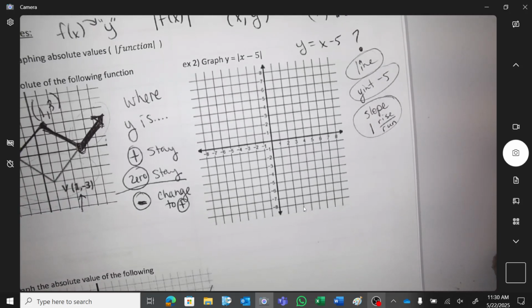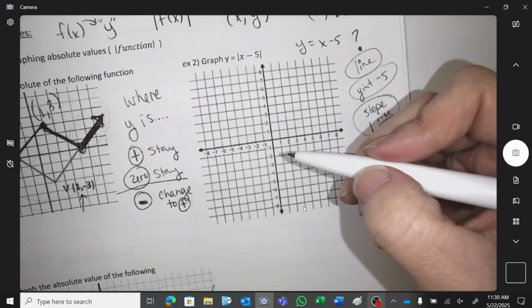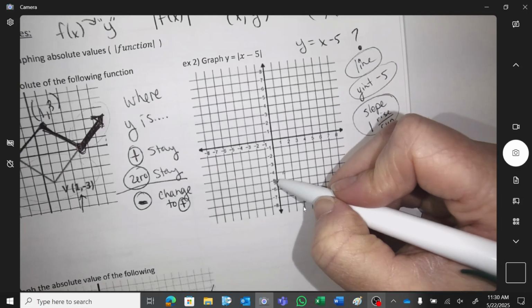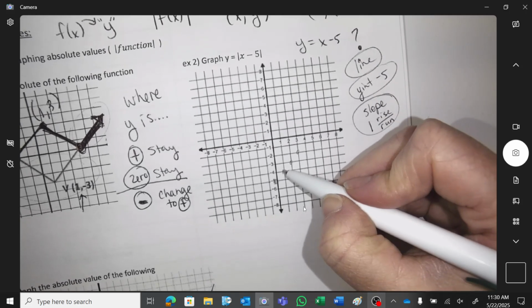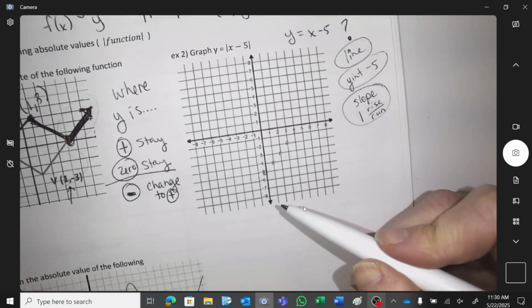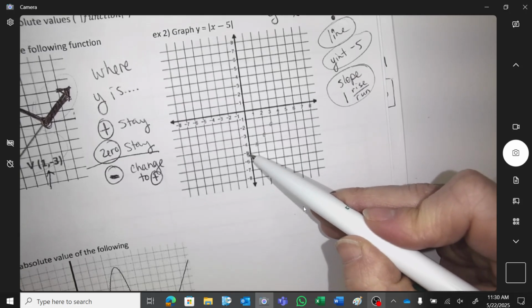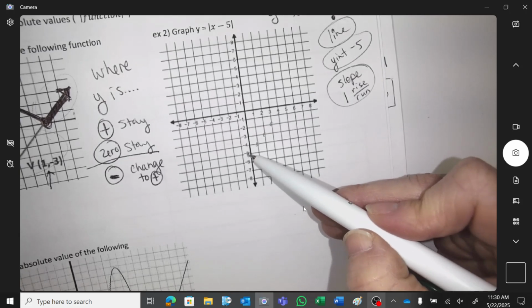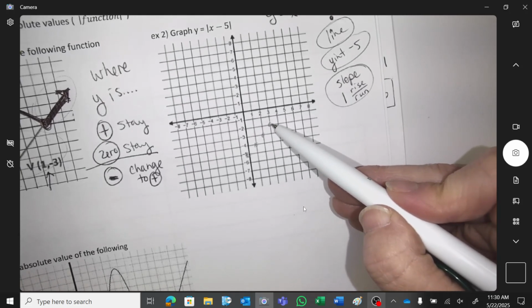Do you remember all that stuff? That's all grade 10. Okay, so I'm going to draw this, very lightly because it's not my actual graph. Here's me starting at -5 and I'm doing the staircase up 1 over 1, up 1 over 1, up 1 over 1.